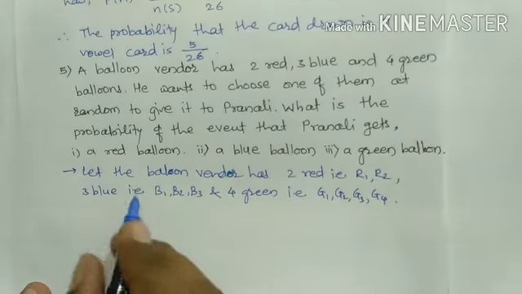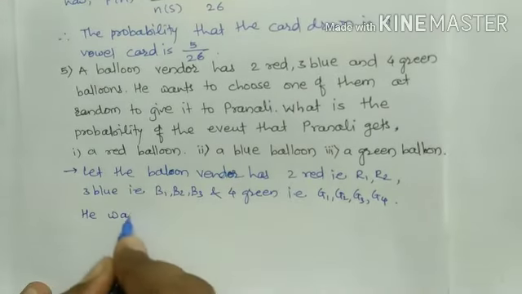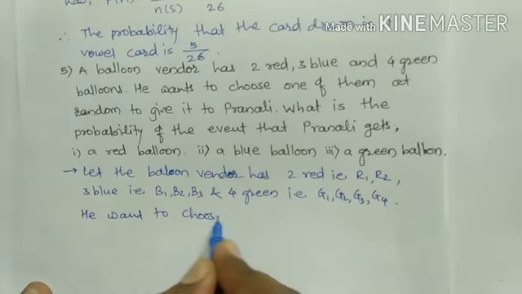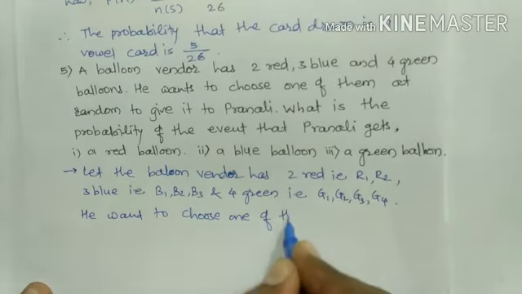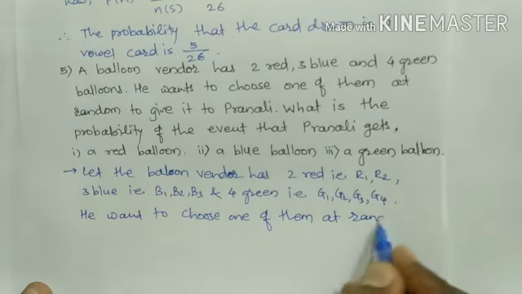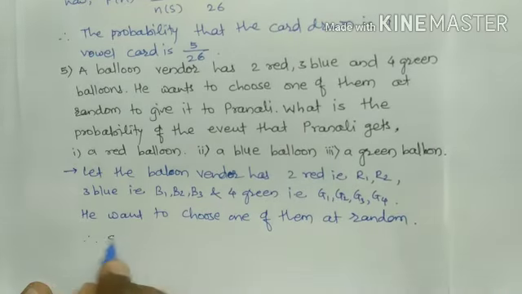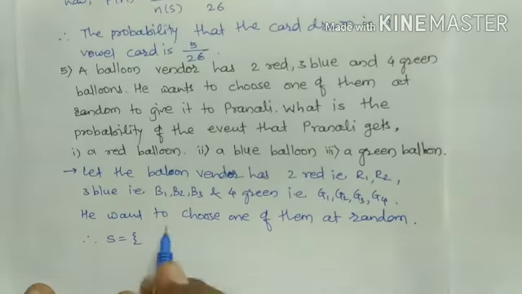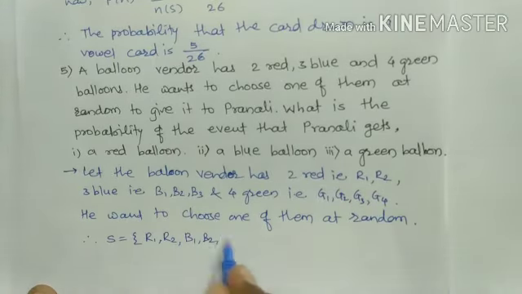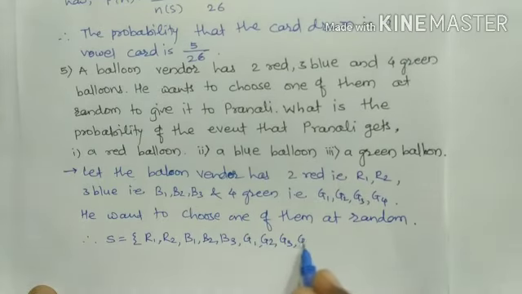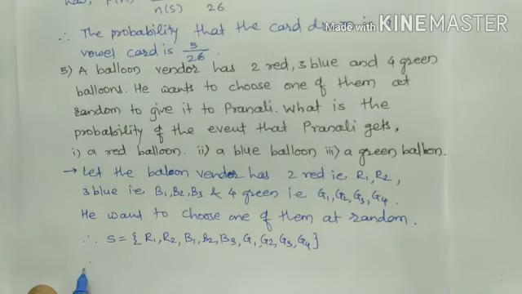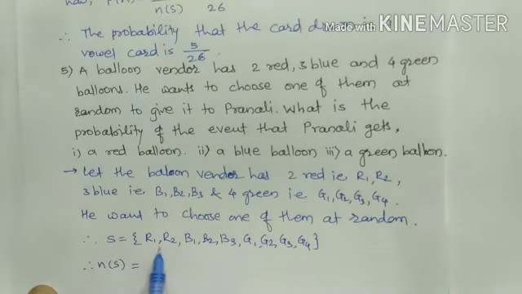Now he wants to choose one of them at random. This is the random experiment. And therefore the sample space is all the possibilities that can come. These are R1, R2, B1, B2, B3, then G1, G2, G3 and G4. And therefore the number of S equals 1, 2, 3, 4, 5, 6, 7, 8 and 9. Therefore number of S equals 9.